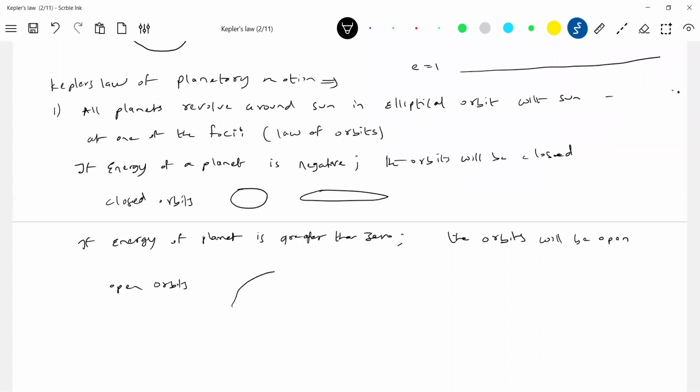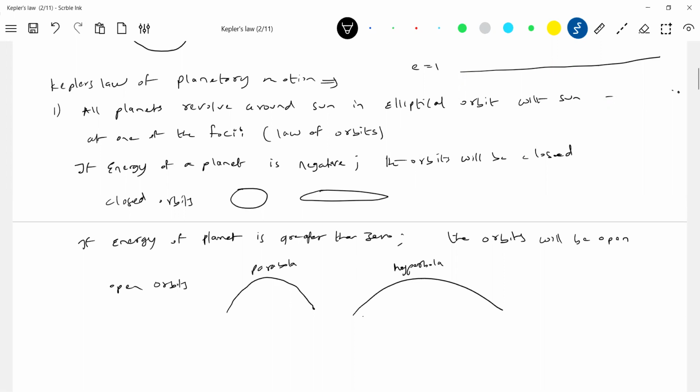Parabola, hyperbola. You look at some comets, they will not describe periodic motion. If you check the energy of that particular comet, it will be greater than 0. Then the orbits will be parabola or hyperbola. This is what the first law of orbits is telling.